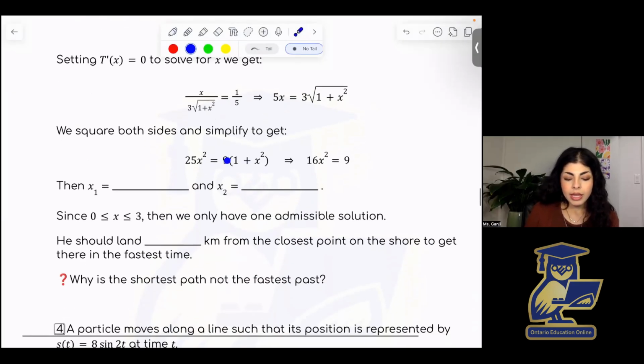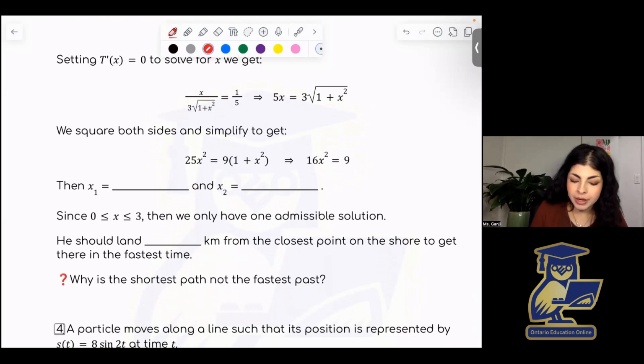And now, expanding this, distributing, and then simplifying, I have 16x squared is equal to 9. And so, solving from here, x squared is 9 over 16. So x is plus or minus the square root of 9 over 16, and this is just 3 over 4.